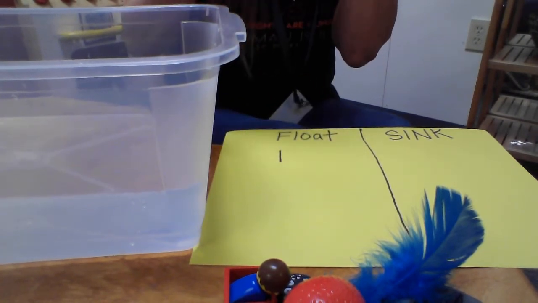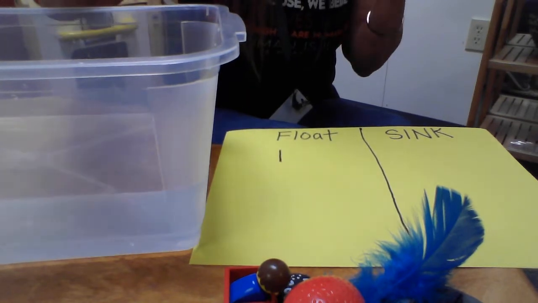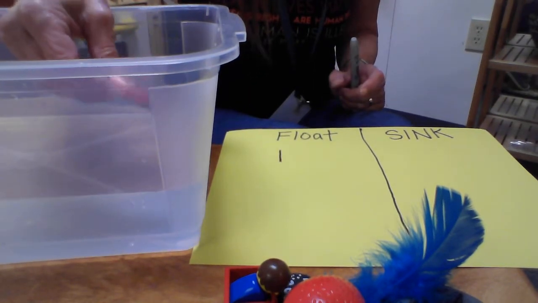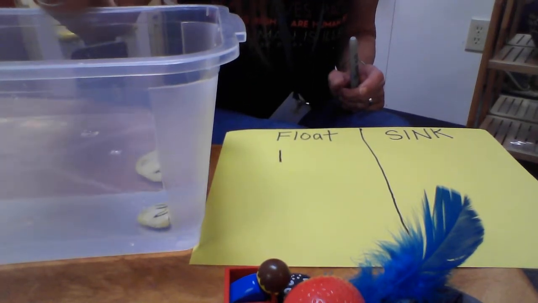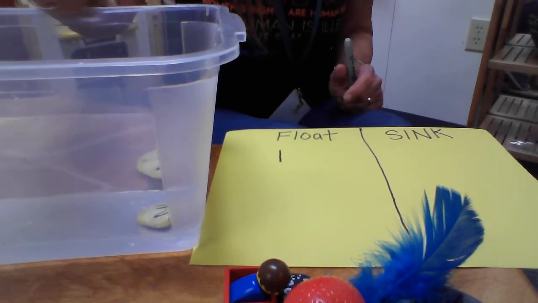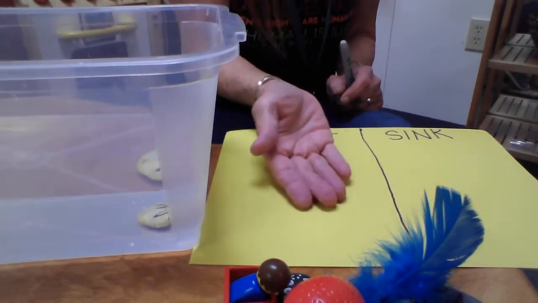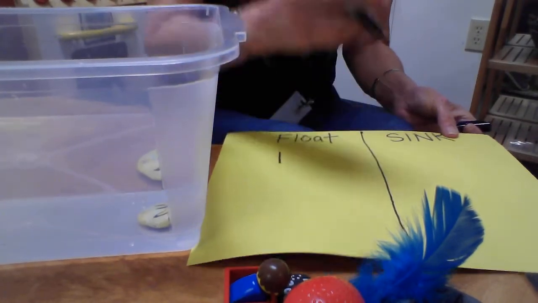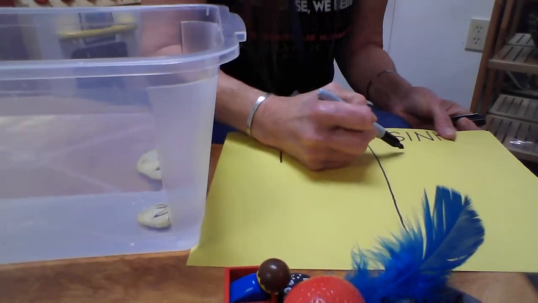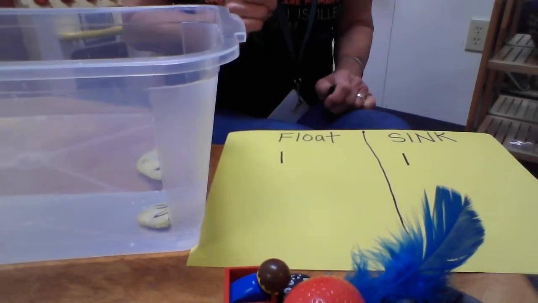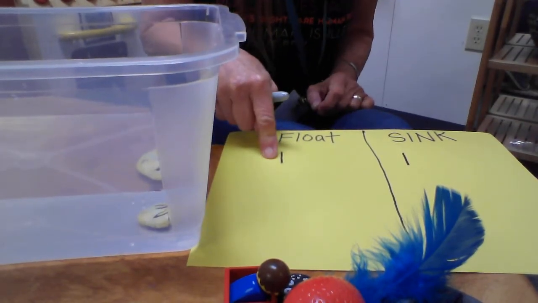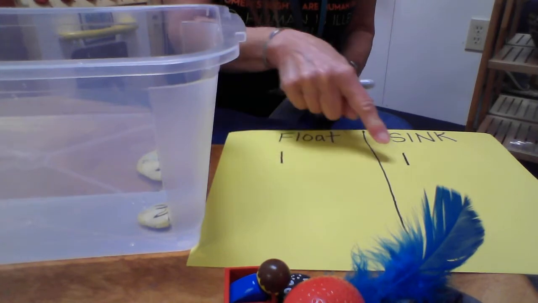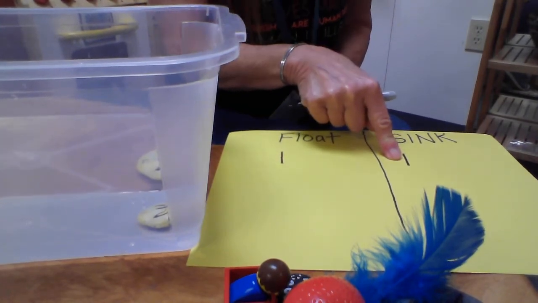Keep your prediction in your mind. Here we go. Oh, that was different. Did it sink or float? It sank. So we're going to put a tally mark right there. So far, one, the apple, floated, and one was the rock. It sank.